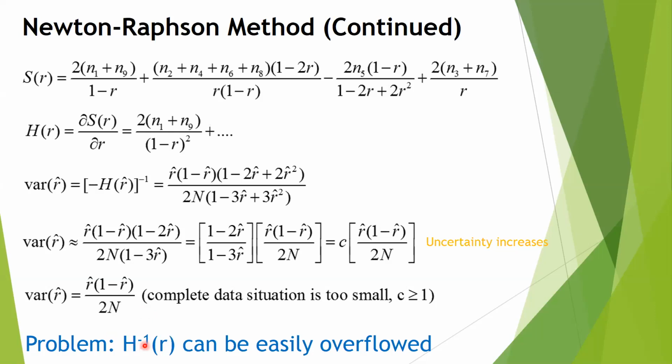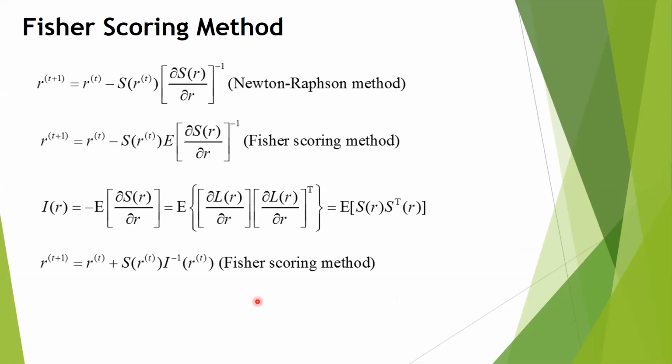What does that mean? It means that when the second derivative is getting very small, close to 0, the inverse of 0 should be infinity, an extremely large number. So that will cause the overflow. This is the problem for this method.